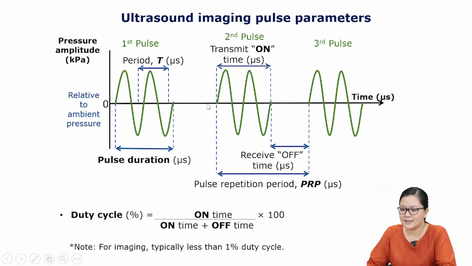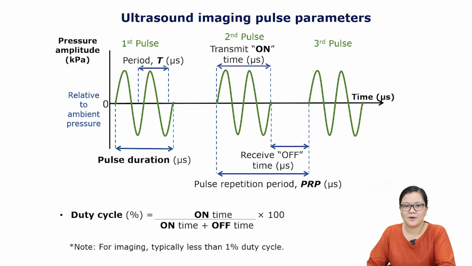You will notice that in this pulse right here, I denoted the time that it takes for the pulse to be on, or the transmit on time. Since ultrasound imaging is typically a pulse echo type of imaging technique, we'll discuss more about what pulse echo means.